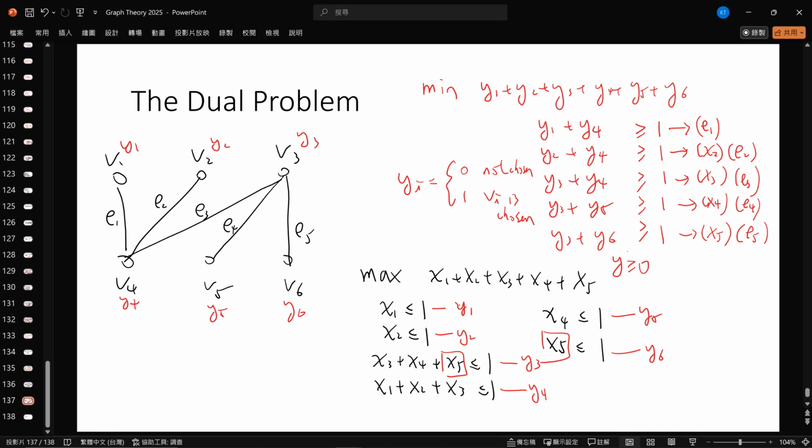And to cover every edge, we have to pick at least one of the endpoints for every edge. And the objective is to use the smallest number of vertices to cover all the edges. So this is why we consider the vertex cover problem.